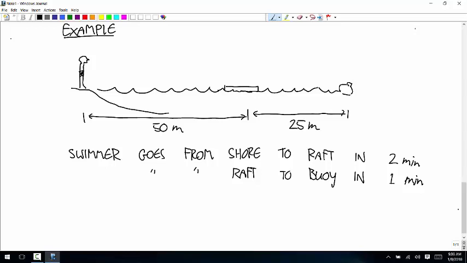And then the swimmer gets tired and it takes 2 minutes to get back from the buoy to the raft. Okay, so the swimmer goes from here to here to here, back to here.